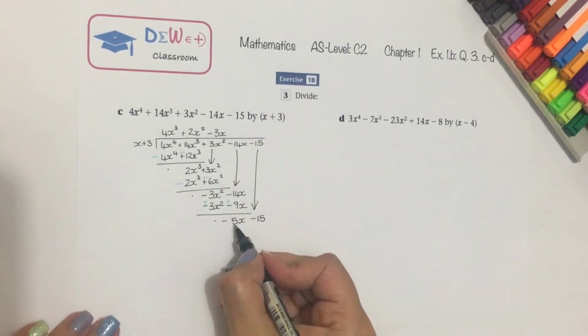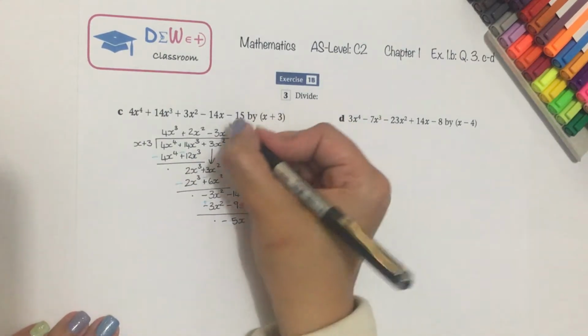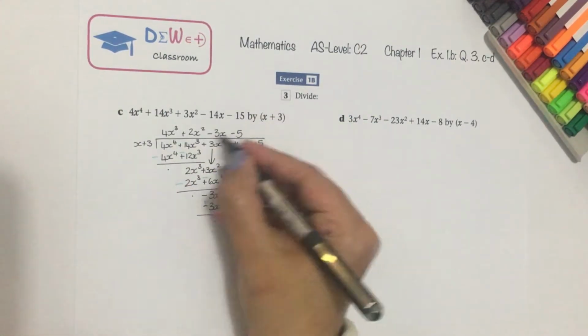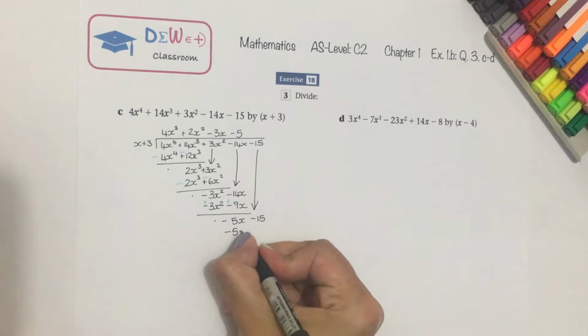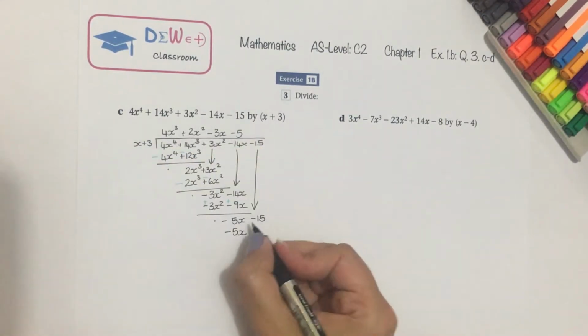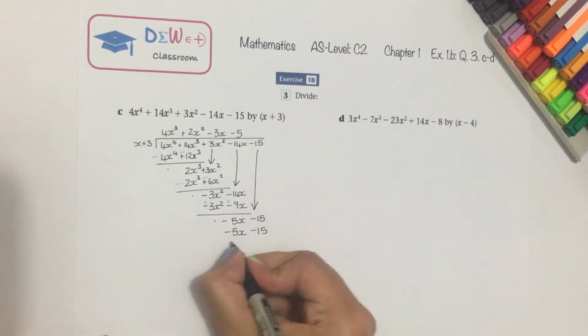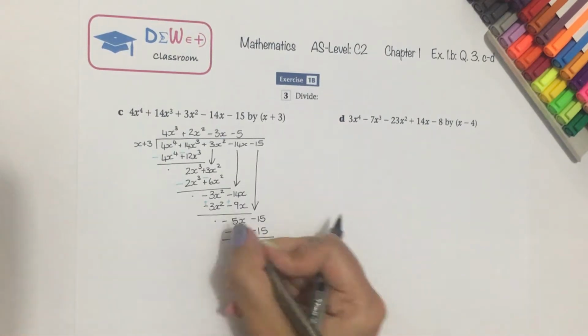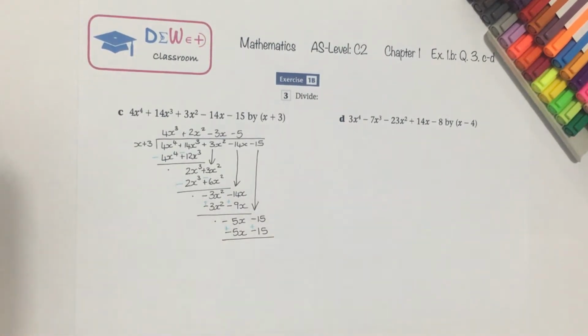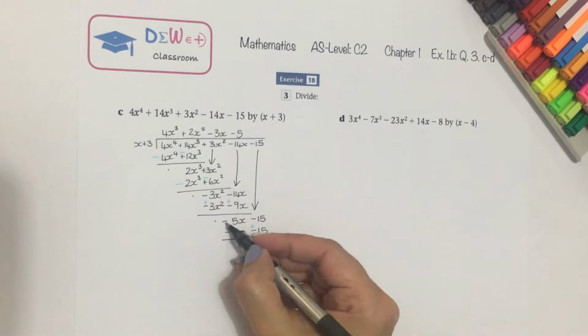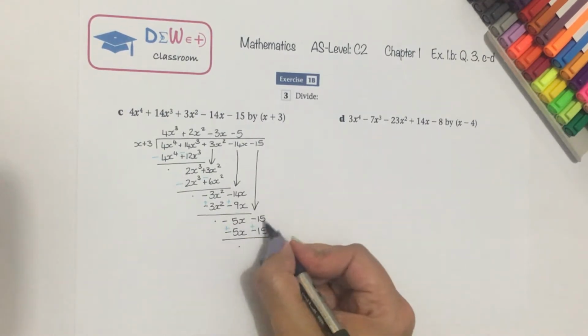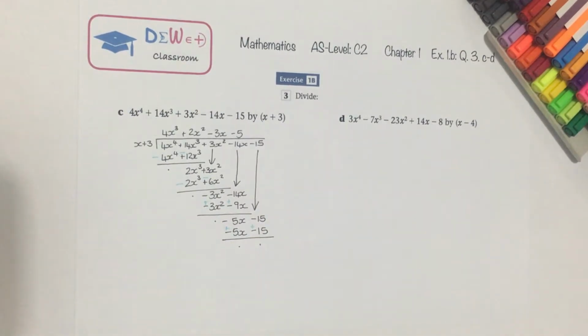Start the process again. Minus 5x divided by x will give us minus 5. Minus 5 times x is minus 5x. Minus 5 times 3 is minus 15. We want to subtract, so we change the signs. And minus 5x plus 5x is 0. Minus 15 plus 15 is also 0.